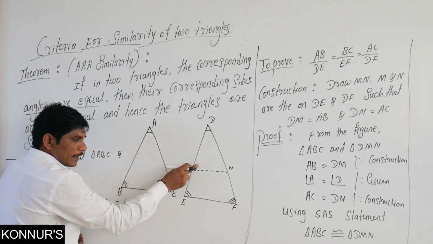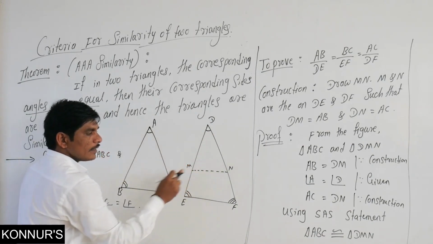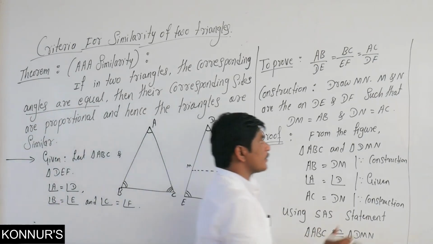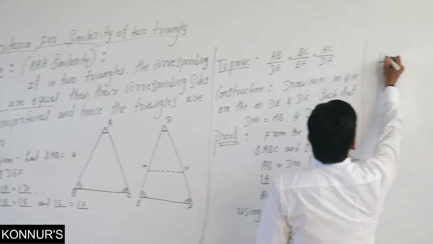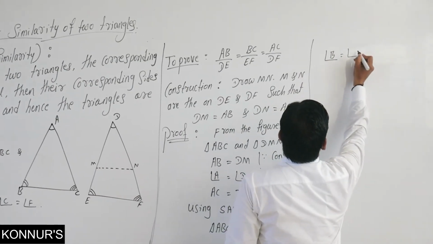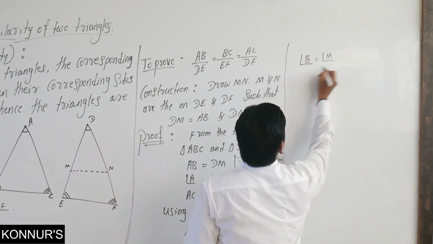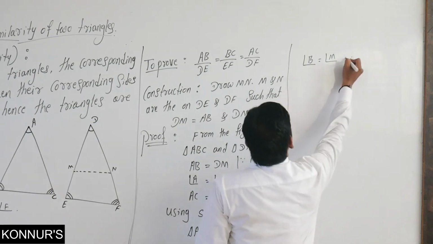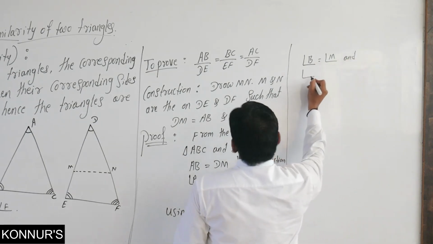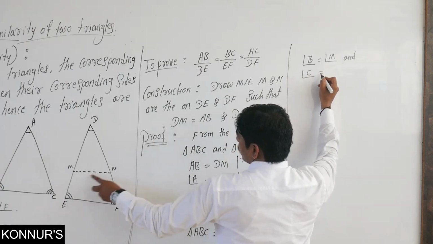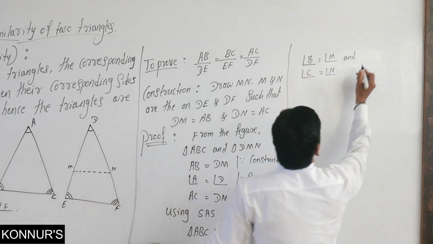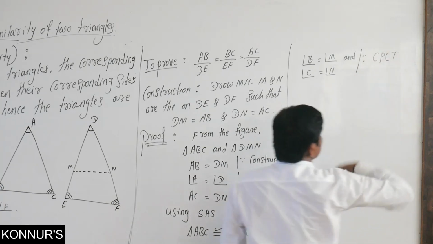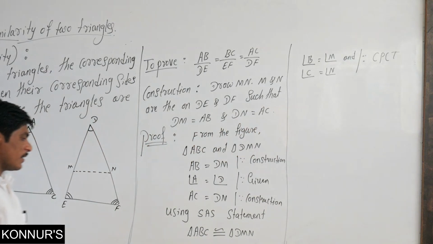Angle B is equal to angle M, angle C is equal to angle N, because we already proved this result. CPCT means corresponding parts of congruent triangles.